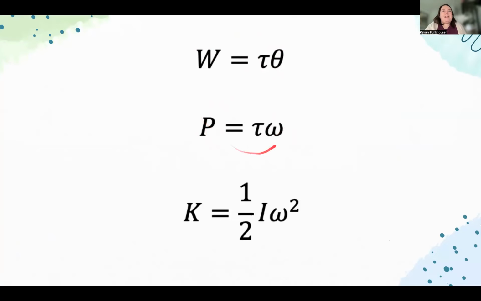Remember, these are just like the linear versions, because work in linear is force times displacement, and power is force times velocity. We have the same kind of thing going. And then for rotational kinetic energy, it's 1/2 I omega squared. So 1/2 the moment of inertia times the angular velocity squared.